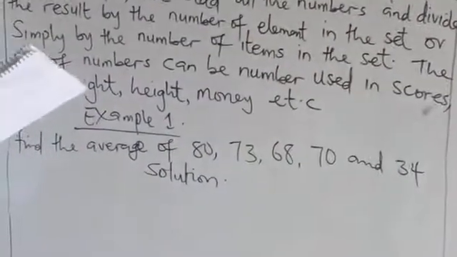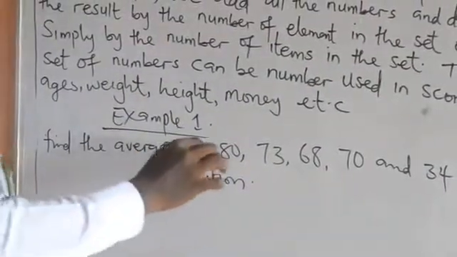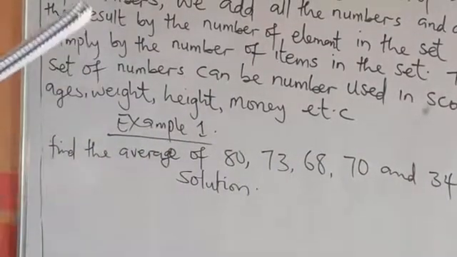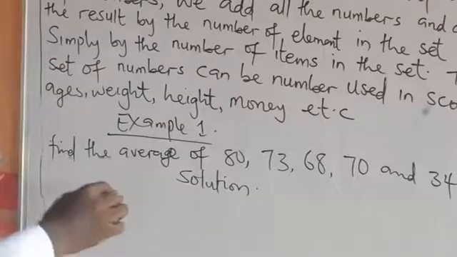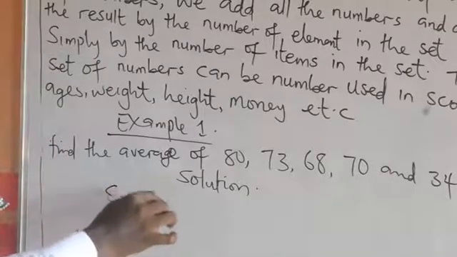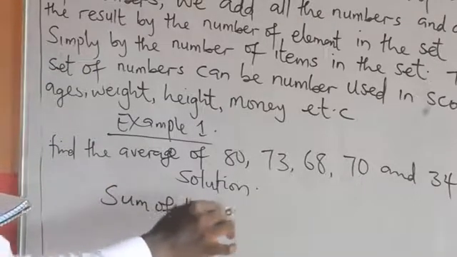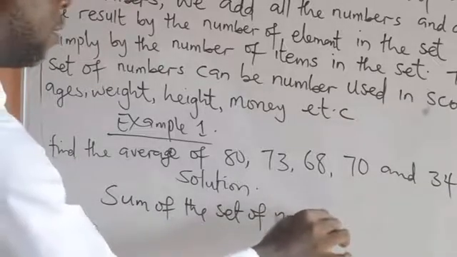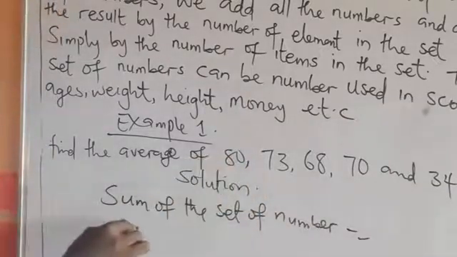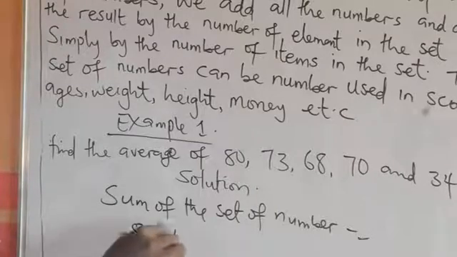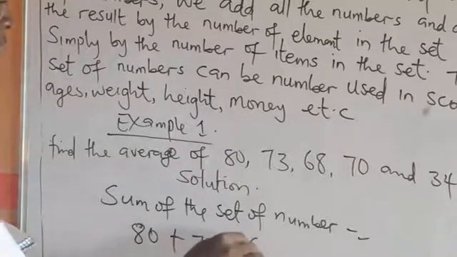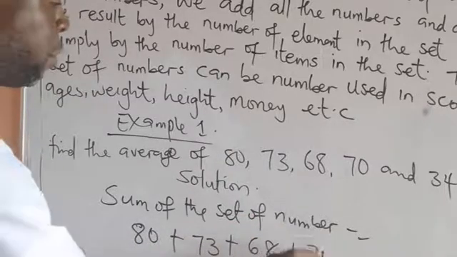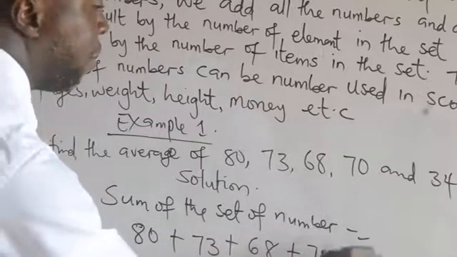We are expected to find the average of 80, 73, 68, 70 and 34. First of all, you add all the numbers together, the sum of the set of numbers. So we'll have 80 plus 73 plus 68 plus 70 plus 34.